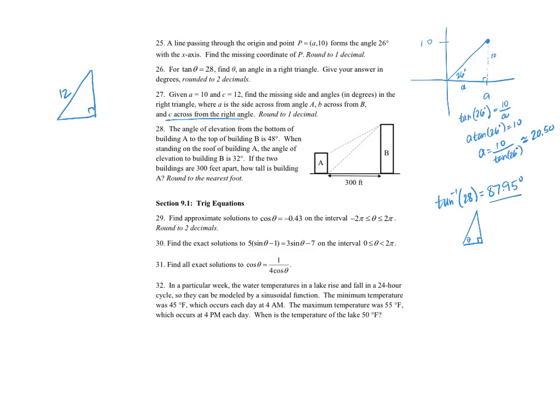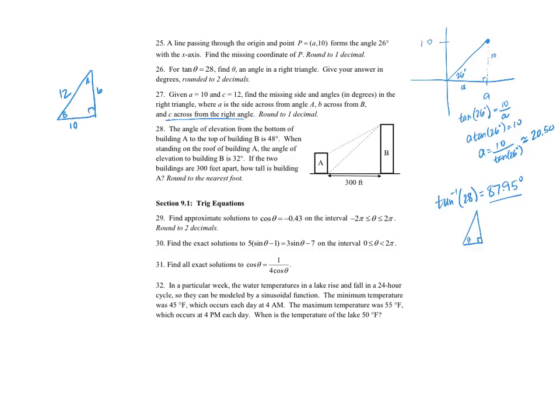Then I could label 10 as side A, and side B is what I don't know. This is angle B, and this is angle A.